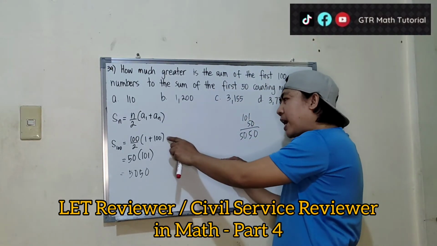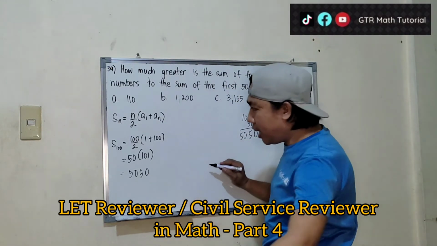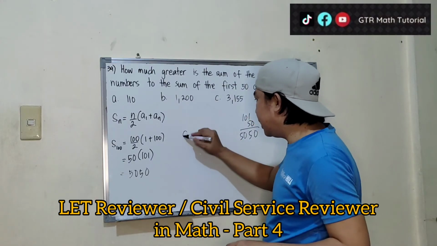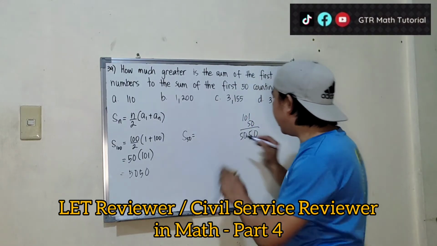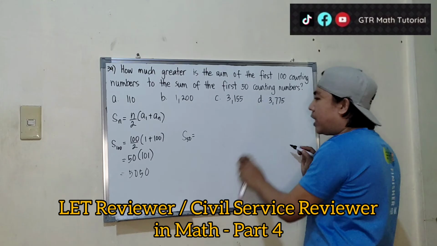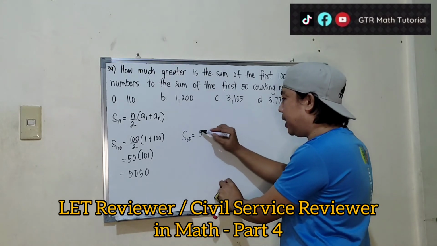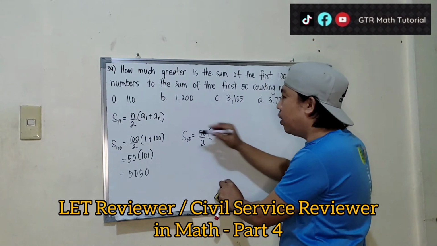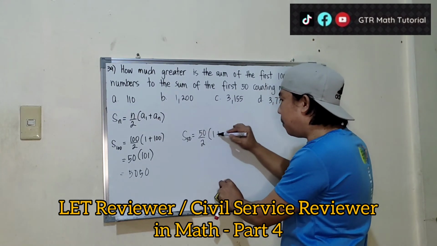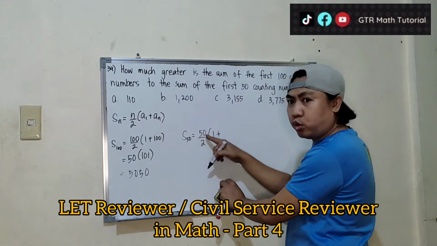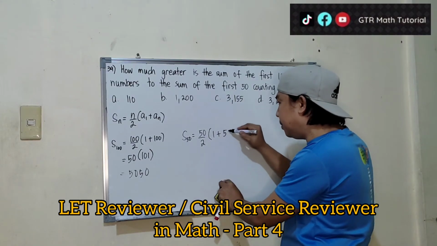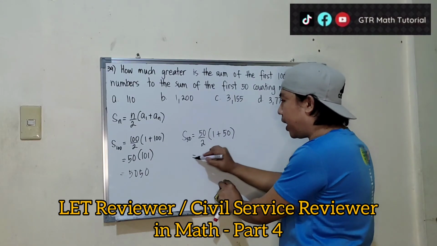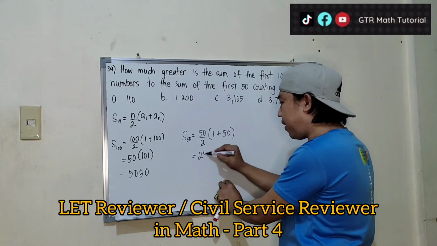So next, kunin naman natin yung sum ng first 50. So sum ng first 50 numbers. So we have n is 50 divided by 2. First term is 1 plus the last term a sub n, since 1 to first 50 counting numbers, edi 50. Okay, so therefore we have 50 divided by 2 is 25.